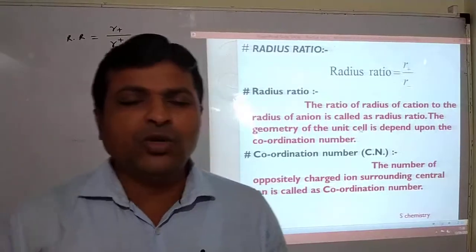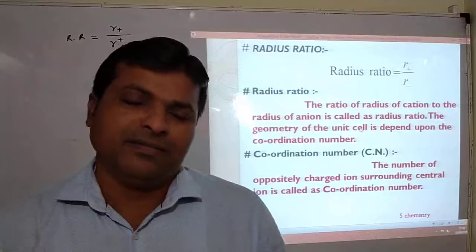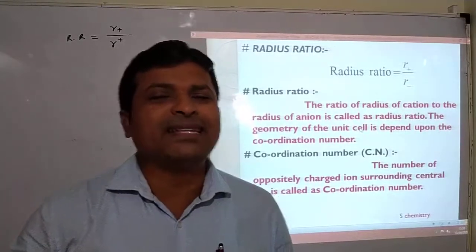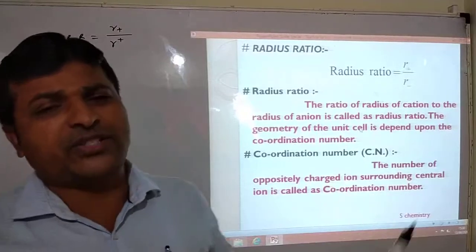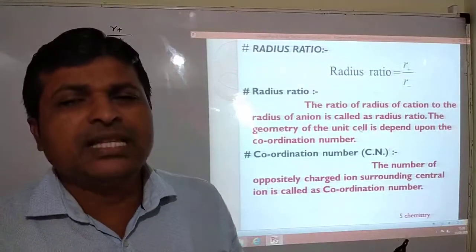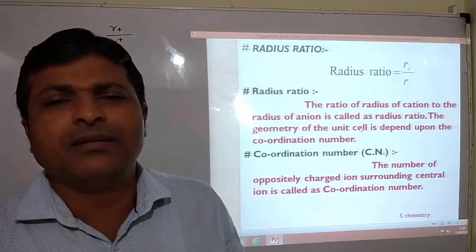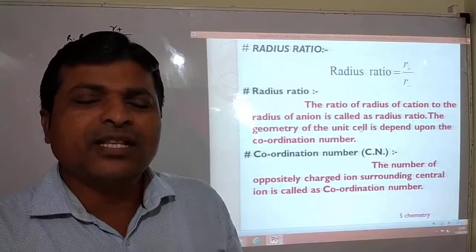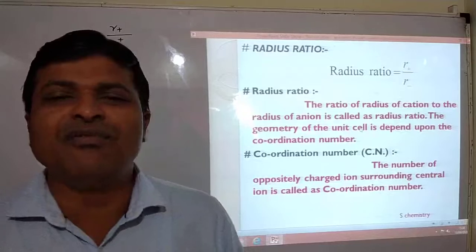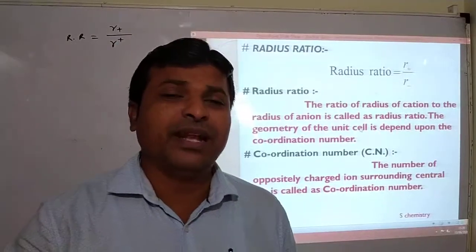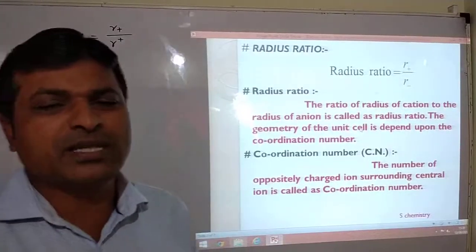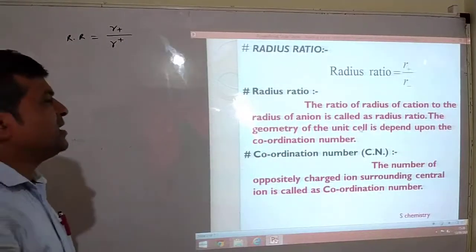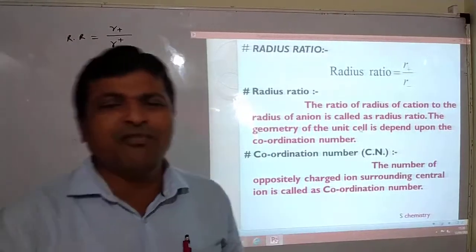As you know, the size of cation is generally smaller than the size of anion. That is the general statement. It may be vice versa, but the general statement is that the size of cation is smaller than the size of anion.